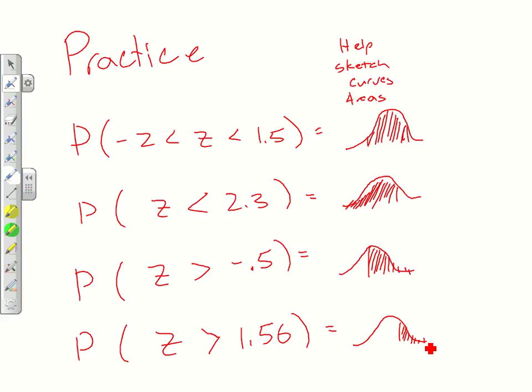Less than 2.3, yes. Why don't we compare our answers with the neighbors, and let's see how we're doing on these.